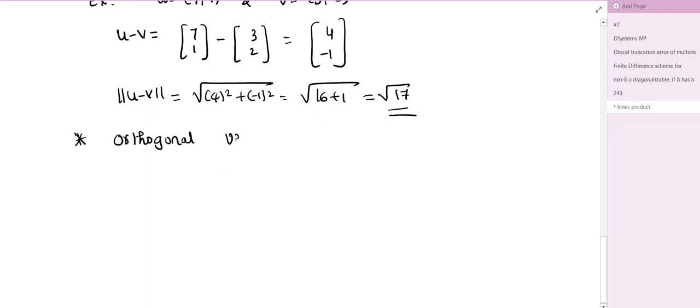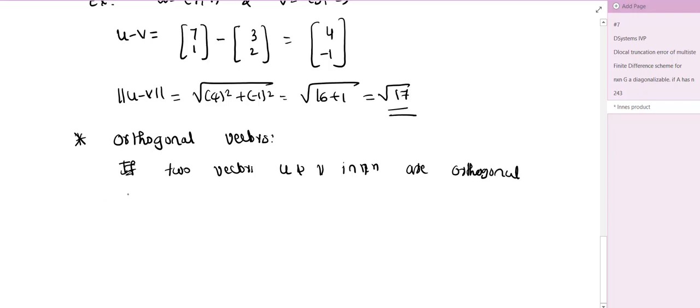Now let's come to the important part, that is orthogonal vectors. So two vectors, say u and v in Rn, are orthogonal to each other if their inner product is equal to 0.